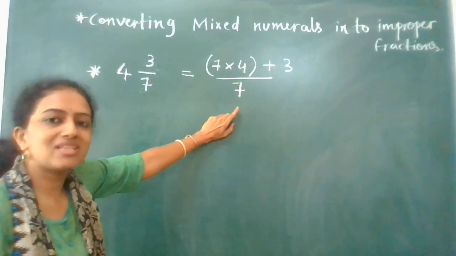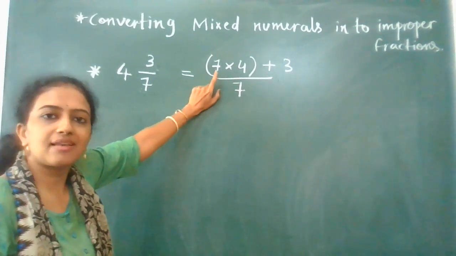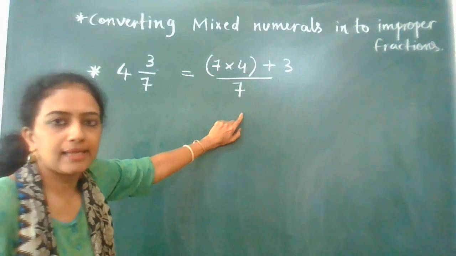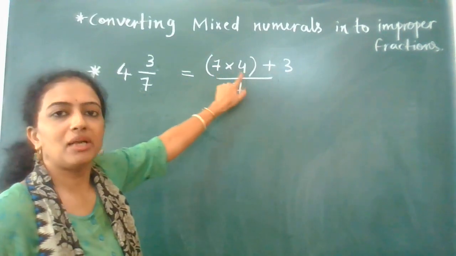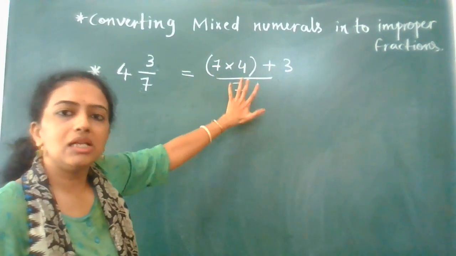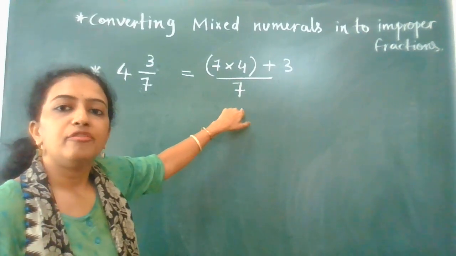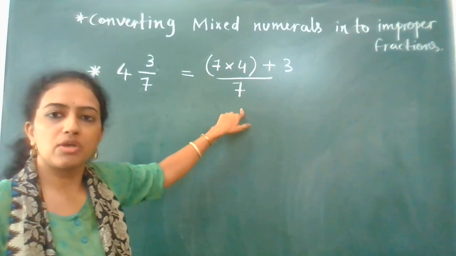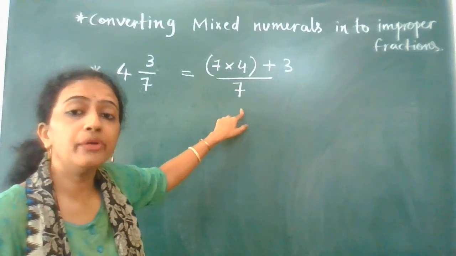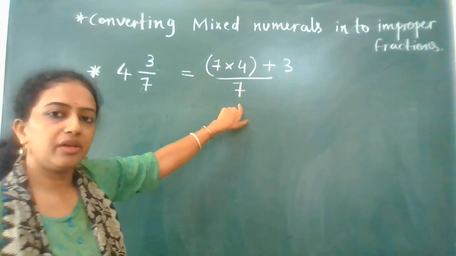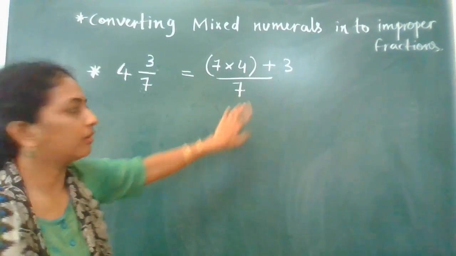Many times students think, okay madam, I have written 7 over here, so they don't write it over here. But it is not like that. If you are multiplying with 4, the denominator should still be there because this is your fraction, and a fraction is not possible without a denominator. So after using 7 here, 7 still remains as the denominator here.